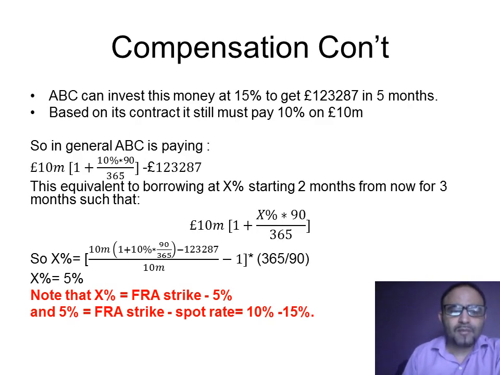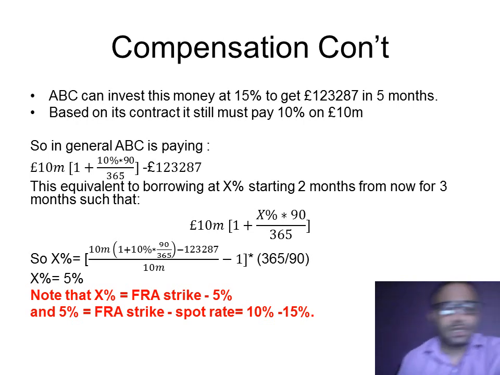In the same jargon like before, we say that since ABC got the money now, I mean after 2 months, ABC can invest this money at 15% to get its equivalent after 3 months of 123,287 in 5 months. Based on its contract, it still must pay 10% on the 10 million that it has borrowed.